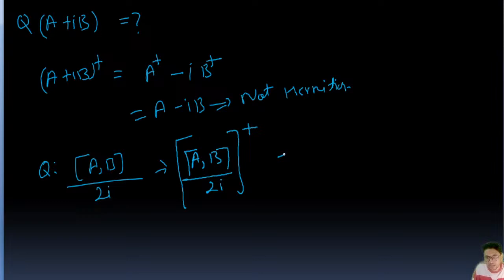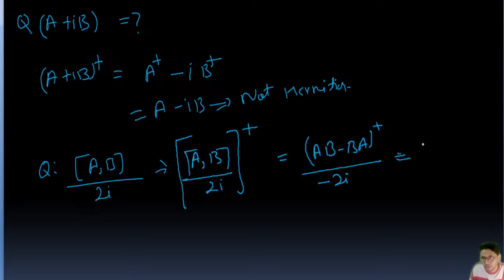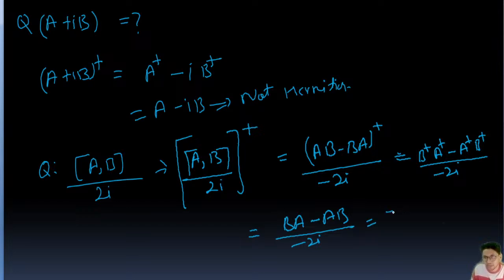So we will open it: this is going to be (AB minus BA) dagger upon the dagger of 2i, which is minus 2i. Again we'll open it, so this is going to be B dagger A dagger minus A dagger B dagger upon minus 2i, and because A dagger equals A and B dagger equals B, we take minus common and minus minus gets cancelled.